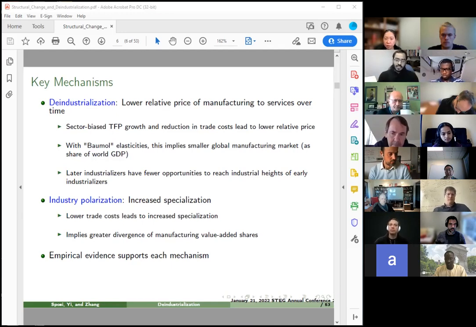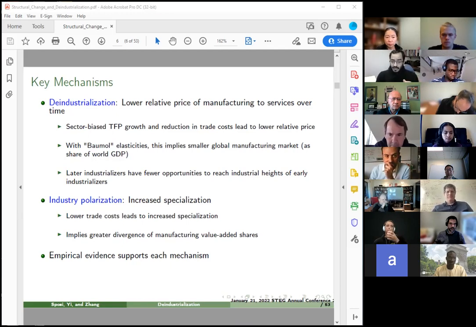So as the relative price of manufacturing is declining globally, later industrializers are facing a lower and lower relative price of manufacturing and consequently attaining lower and lower manufacturing shares in spending and hence in value added. Now, I previously mentioned that trade alone didn't seem to do much for deindustrialization, but the interaction effect did.